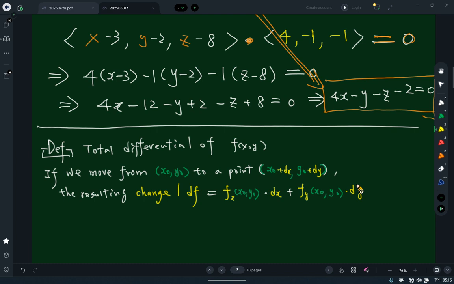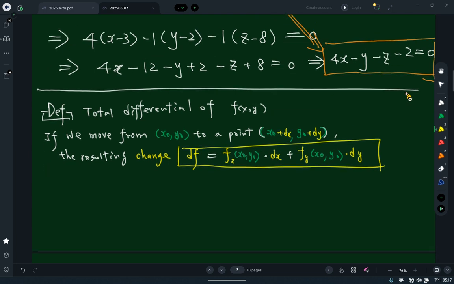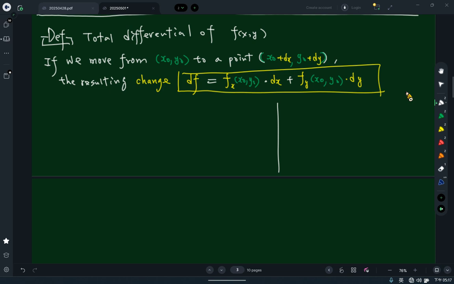So this is a small change in (x, y) with dx, dy that will cause a small change in f. Maybe not small change, but the corresponding change can be defined as like this one. So I believe you also still remember that for single variable function.